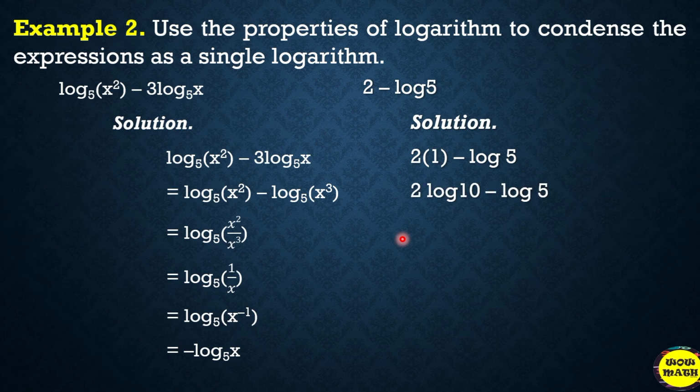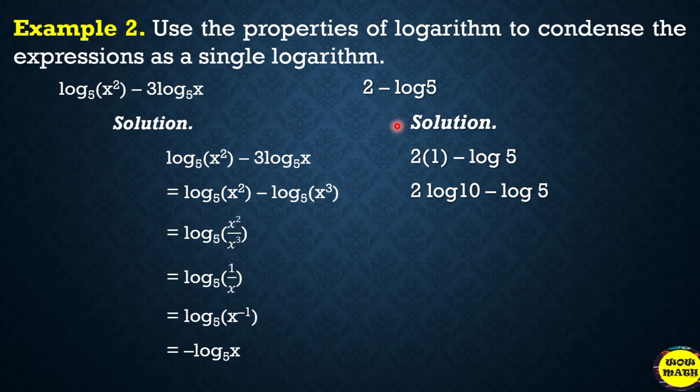So, therefore, kapag nilagay natin yung 1, represent ko as logarithm of 10, that's still 1. The value of this is 1 since this is common logarithm, so ang base nito ay 10. So kapag parehas sila, kung ano yung exponent dito, that will be the answer. So nirepresent ko ngayon ang 1 into logarithm of 10. Okay. And after that, magiging ganito na yung expression natin. 2 times logarithm of 10 minus logarithm of 5.